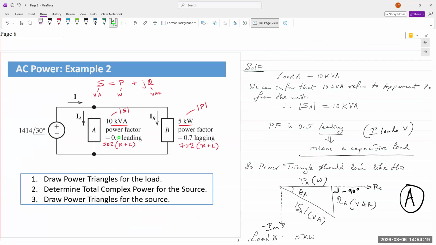After that, we're simply applying trigonometric identities to determine the other two sides of that triangle. That's what we did.